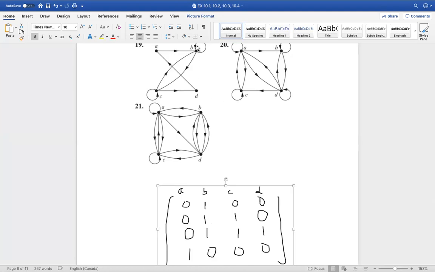To know if C is adjacent to B, we see if B has an edge going from B to C. We see that there is an edge going from B to C. Therefore, we put 1 here. Then for B to D, does B have an edge going from B to D? It does not. Therefore, we put 0. And likewise, we fill out the remaining matrix with this simple concept.